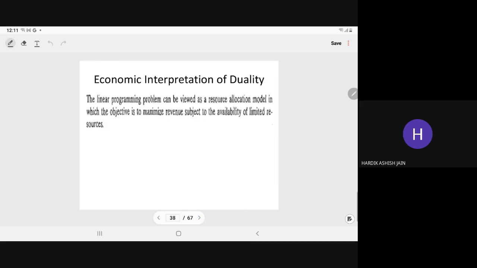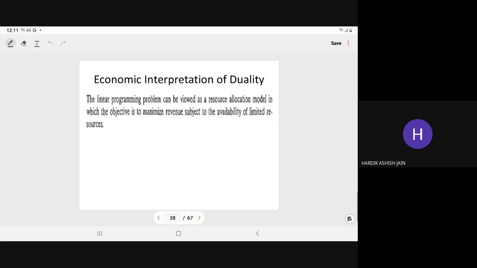Now here we have the theoretical part, the economic interpretation of duality. A linear programming problem can be viewed as resource allocation. If you recall the ready-mix problem, there we allocated material M1 and material M2 for the production of exterior paint and interior paint.